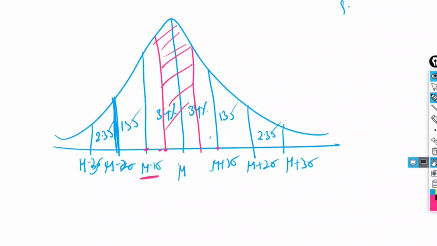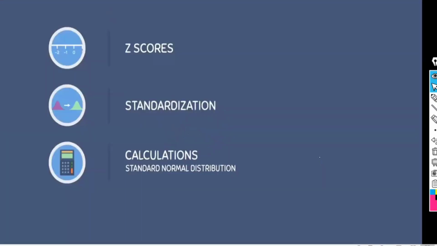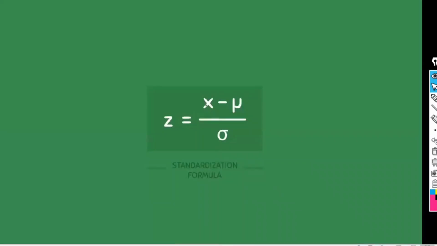So for that, we are going to apply a different formula called z-scores. To calculate the area under the curve, we use z-scores. Z-scores are nothing but standardized values. You are going to apply standardization. Standardization means each value minus mu divided by sigma.